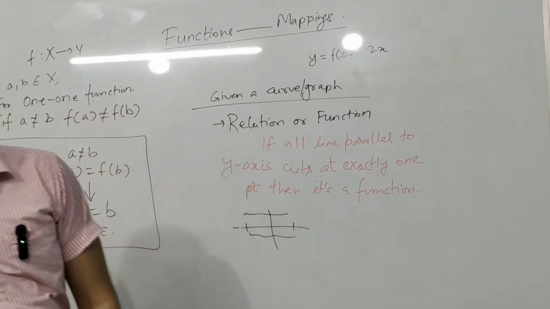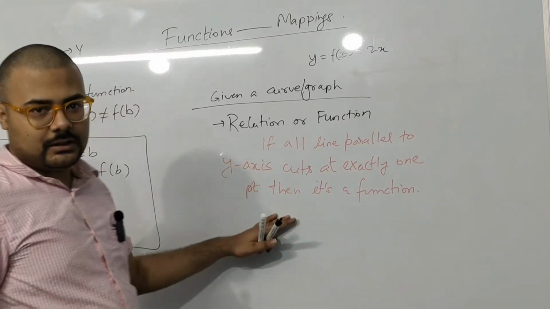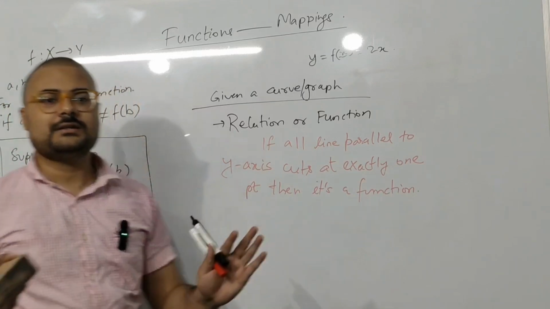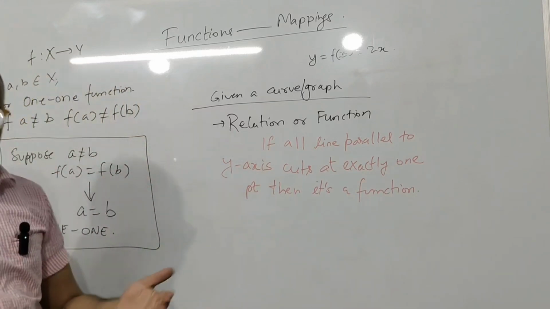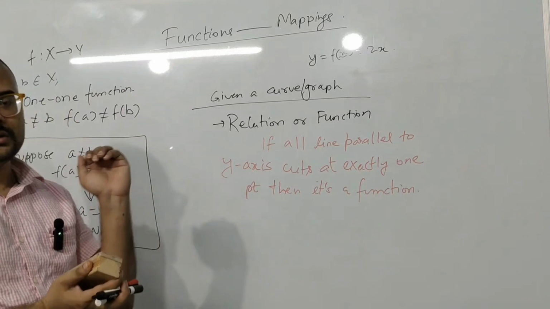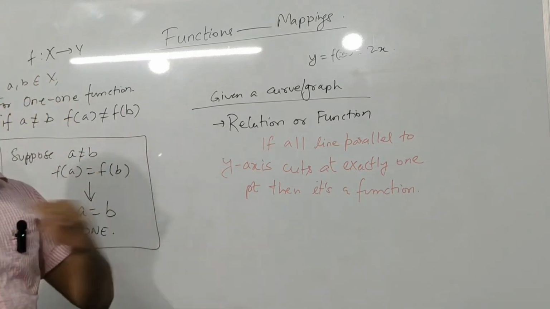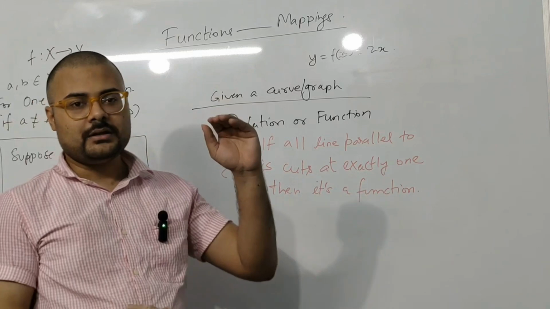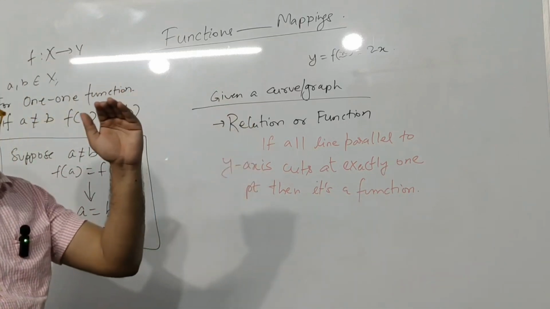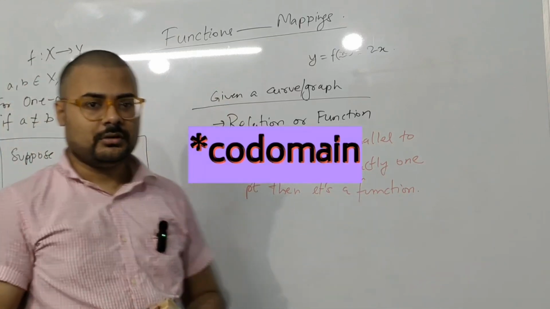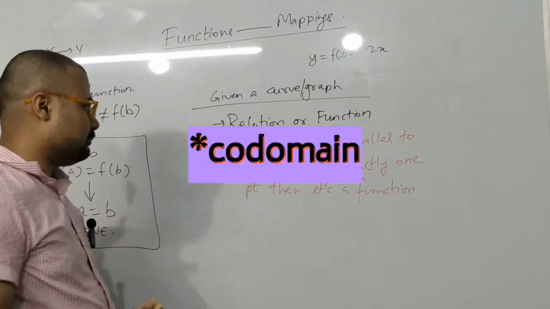Whatever definition I'm writing here is a very precise definition. The assumption is that I am drawing within the domain, and similarly for a horizontal parallel line, the assumption is that I'm drawing that horizontal line within the domain interval.